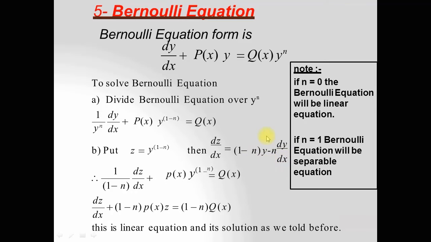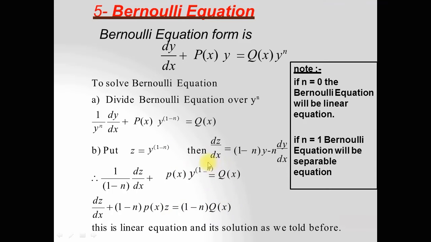Find the value of dy by dx from this expression and putting in this equation we obtain 1 over 1 minus n dz by dx plus P of x y power 1 minus n is equal to Q of x. Now multiplying both sides by 1 minus n and putting y power 1 minus n is equal to z, we have a new differential equation dz by dx plus 1 minus n into P of x into z is equal to 1 minus n Q of x.